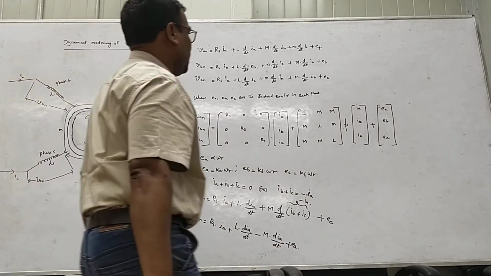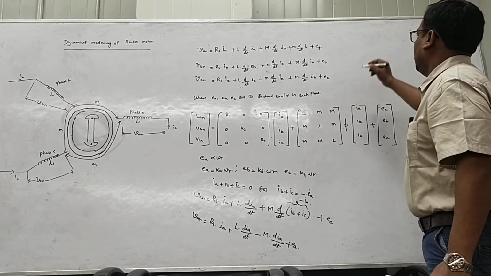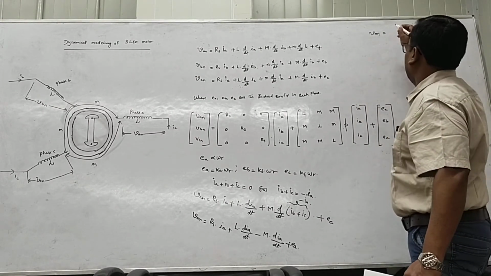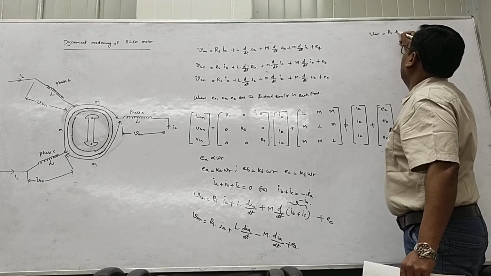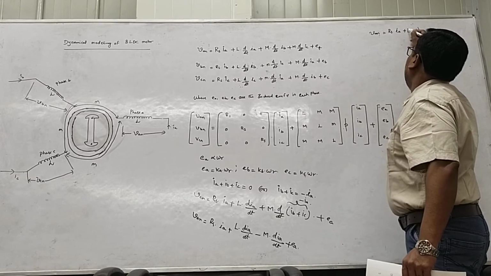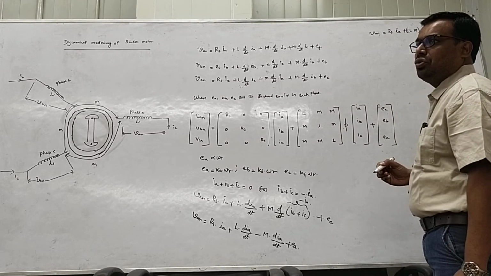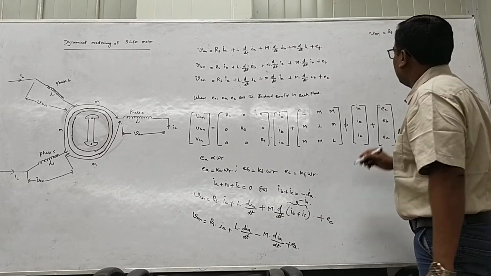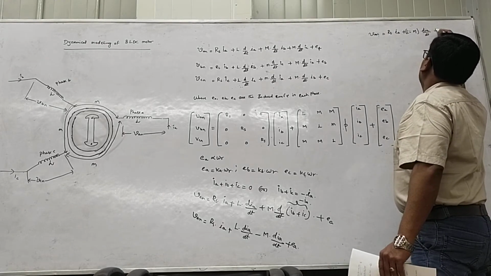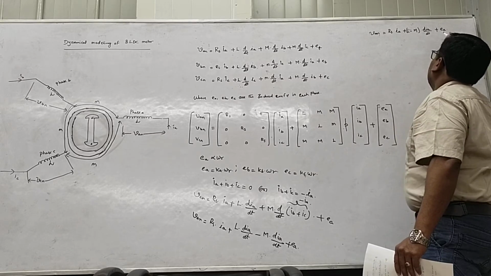From this expression, if you simplify further, the applied voltage VAN is equal to RS into IA plus L minus M, self-inductance minus mutual inductance, into dIA by dt plus the induced EMF.